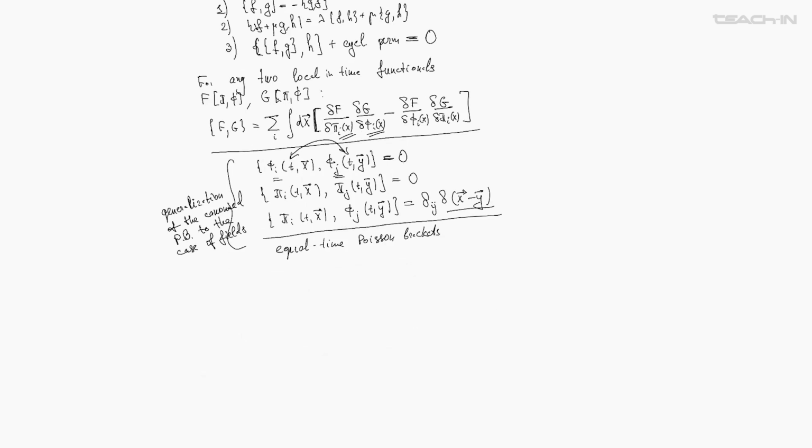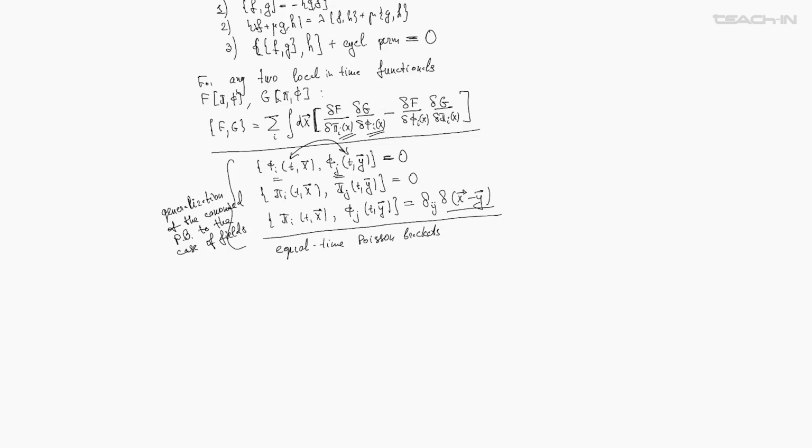If time is not equal, then you don't know what the outcome will be, and for that you need to solve the equations of motion for the fields and then compute the Poisson bracket on the phase space. Well, we will see how we will do it.